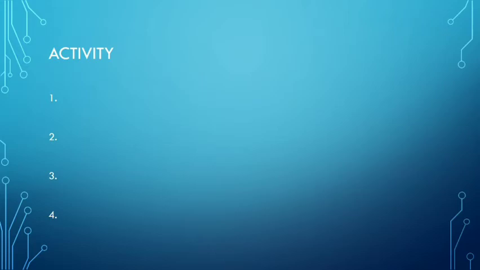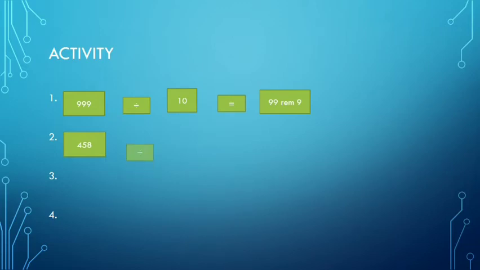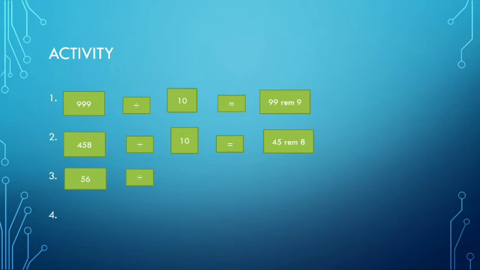Activity. Let's perform an activity to clear our concept. 999 divided by 10 is equal to, yes, 99 is quotient and 9 is remainder. 458 divided by 10 is equal to, yes, 45 is quotient and 8 is remainder. 56 divided by dash is equal to 5 quotient, remainder 6.